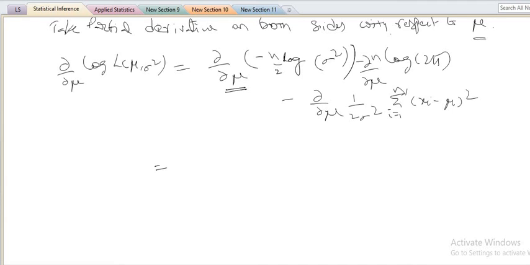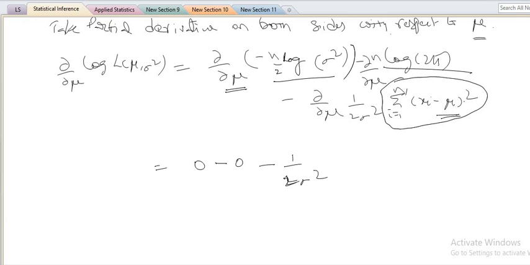When you are doing partial derivative with respect to mu, this becomes 0. This is also a constant, so this also becomes 0. Here we have a function of mu, so keep minus 1 by 2 sigma square aside and differentiate this with respect to mu. d by dx of (x minus a) whole square is 2 into (x minus a).